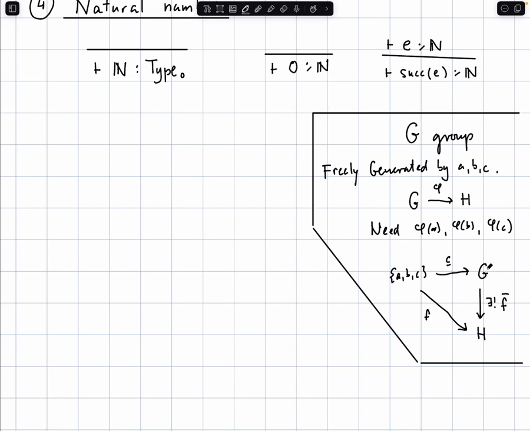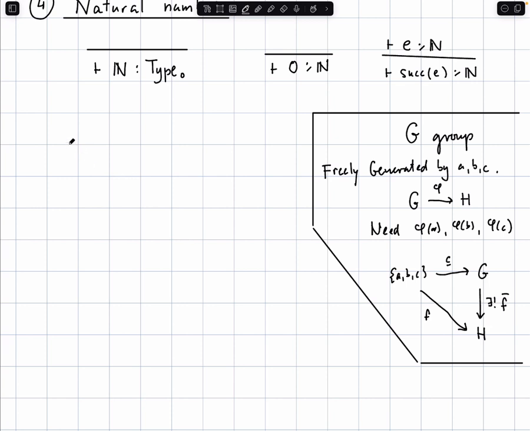Complication number 1, we don't have simple generators, we have a generating constructor, successor. Complication number 2, we want to do this with dependent types. So everything is going to be dependent. That would be like not having a single group here, but having a family of groups depending on G. So it's going to be more complicated. Now we do it, okay?